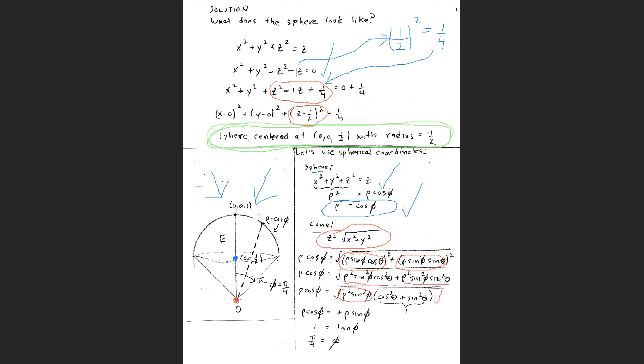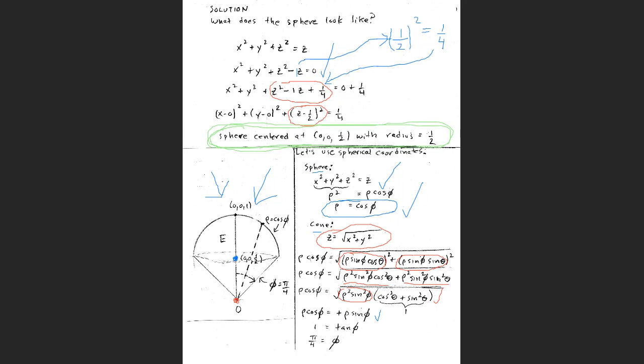Well, we know that equals 1. And so we're going to end up having the square root of rho squared sine squared phi, and that's just equal to rho sine of phi.